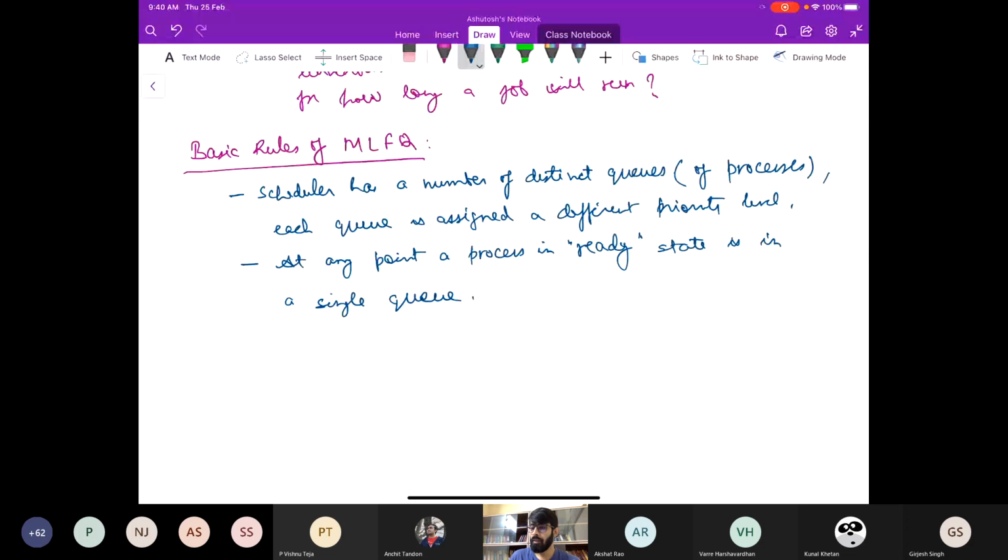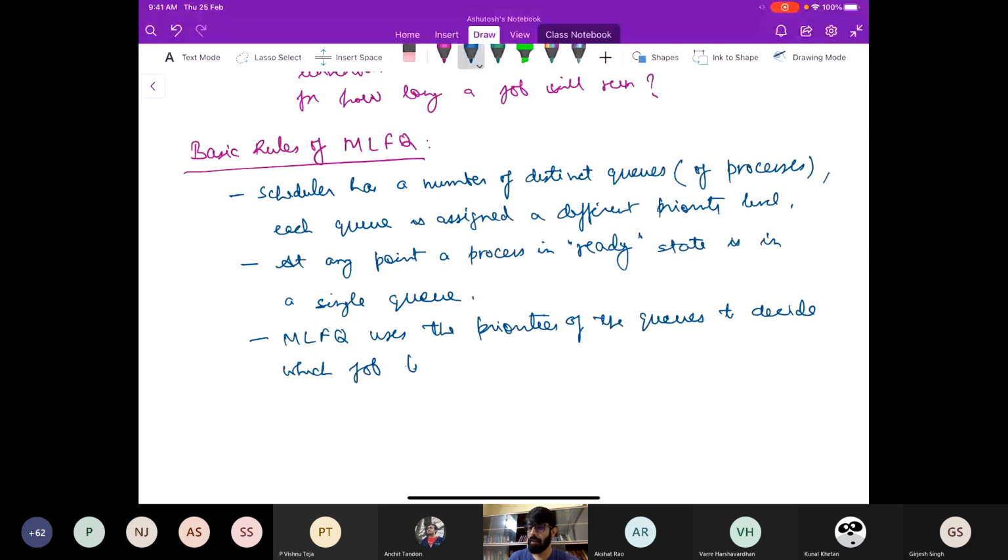Now MLFQ uses the priorities of the queues to decide which job to run. High priority first.